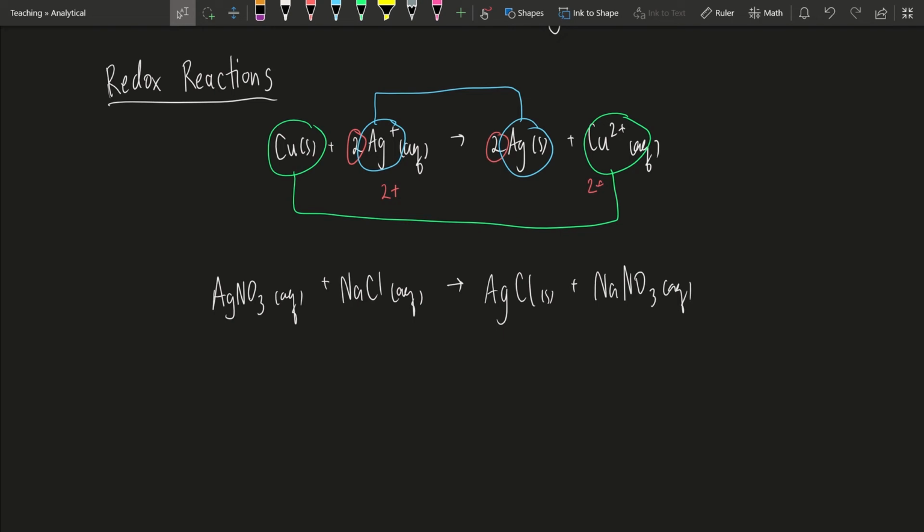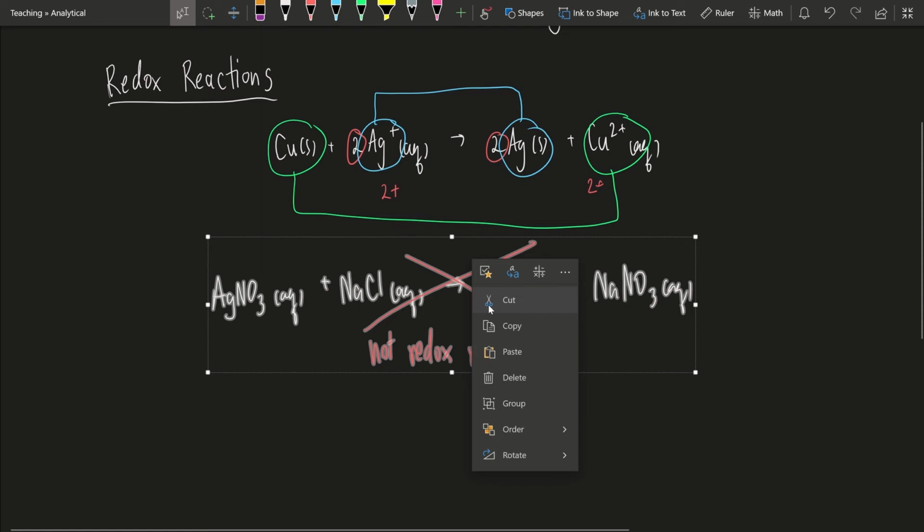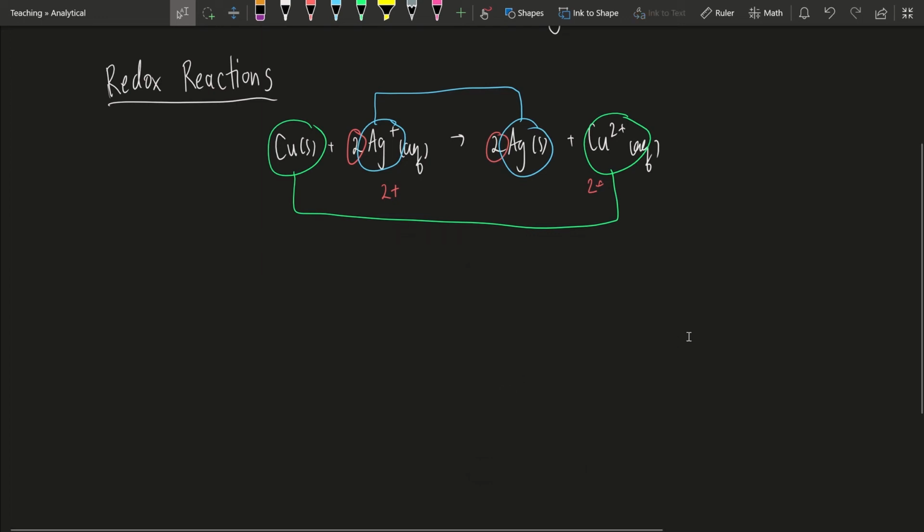So in this case, this is just like an ion rearrangement. There's no electron transferring between the reactants. So this is not a redox reaction. So with that, we can just delete this because we are not interested in this reaction. So now we have the redox reaction.